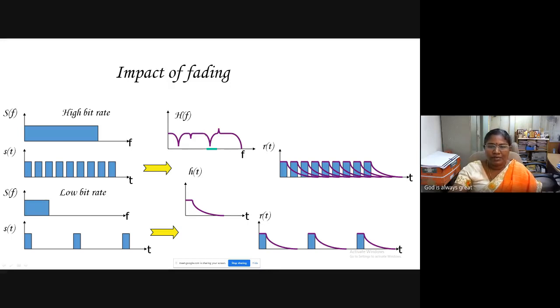This frequency value will have this much amplitude, whereas this frequency will have only this much amplitude. So once you transmit signals whose bandwidth is greater than the coherence bandwidth of the channel, the signals will be attenuated differently. This is the characteristic of the wireless channel.